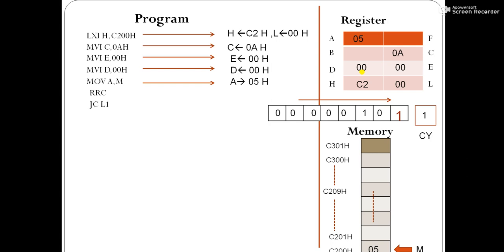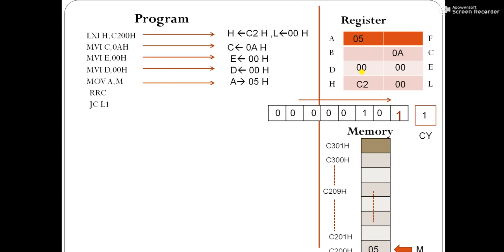After that, we are going to check whether the carry is set or not by using a jump instruction. You must have learned all the branching instructions: jump, conditional jump and unconditional jump. JC is a conditional jump, where we test whether a condition is true or false. Here we are testing whether the carry flag is 0 or 1, that is, set or reset.